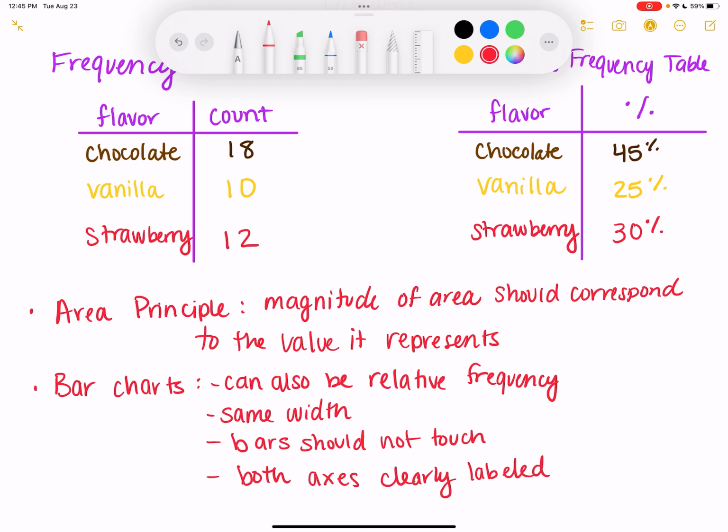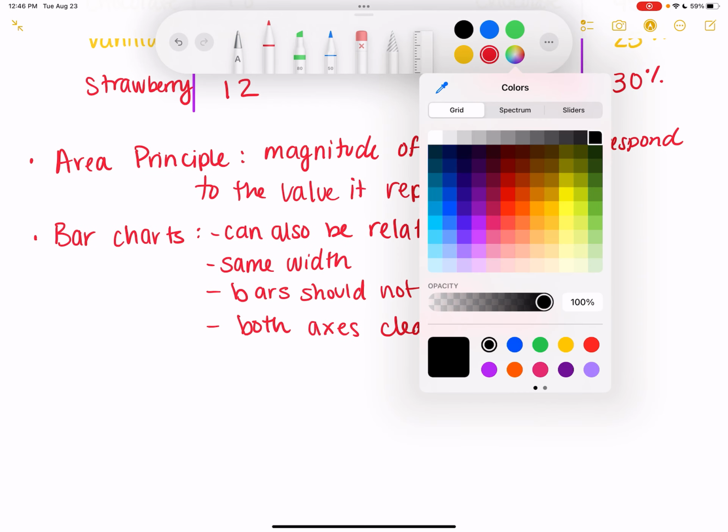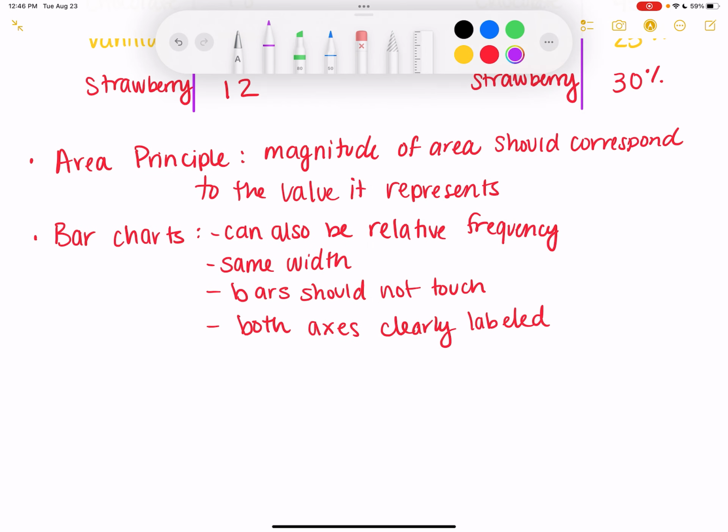All right, so I'm gonna draw a picture of the bar charts off of the information that we have above. So I'm gonna do one for just frequency and then one for relative frequency.